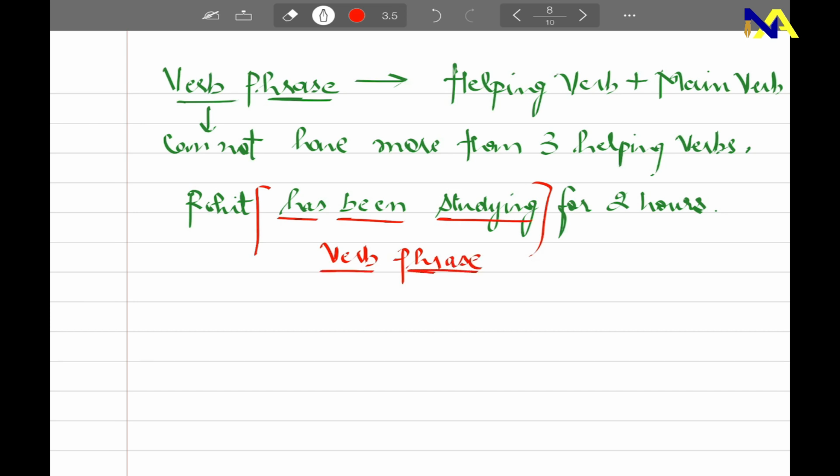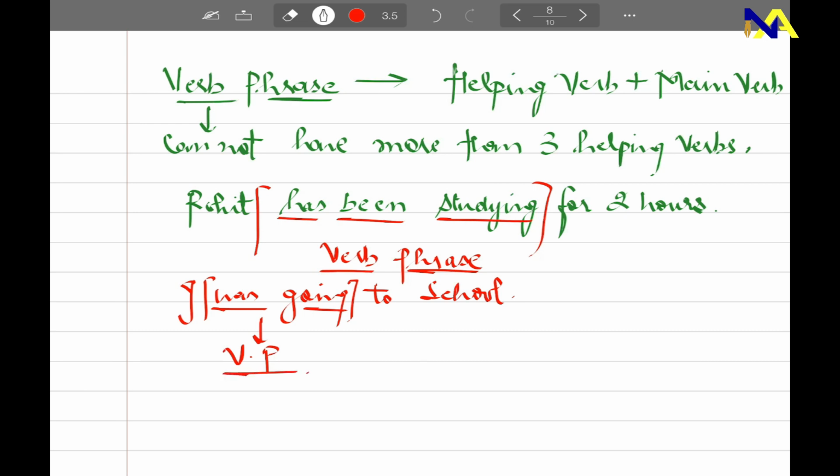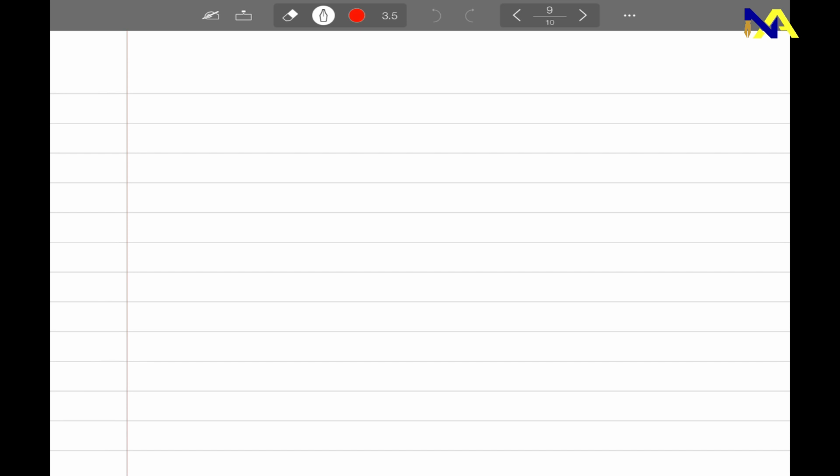Okay, if you say that I was going to school, then here was is a helping verb, going is the main verb. This would have made the verb phrase. Okay, now we will move on, and now we come to our main topic, modals. Modals, they are also known as modal verbs.